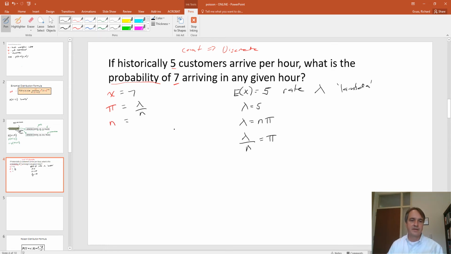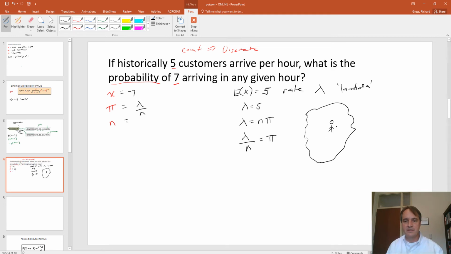Of course, this begs the question: we don't have n, so what do we do about it? Let's think about what we're trying to do here. We're trying to cast this problem into a binomial. So let's say n is every person in the world, and we're asking about arrivals per hour.